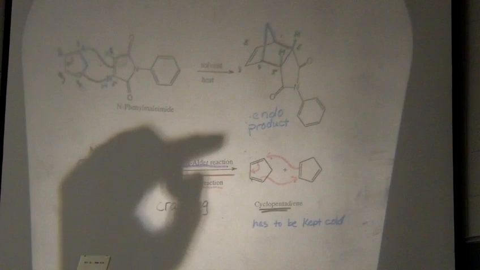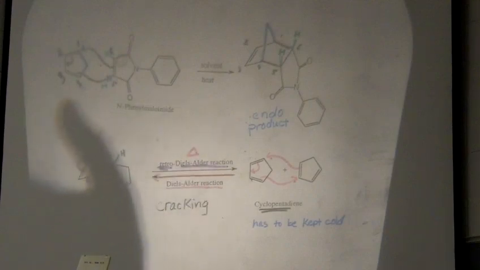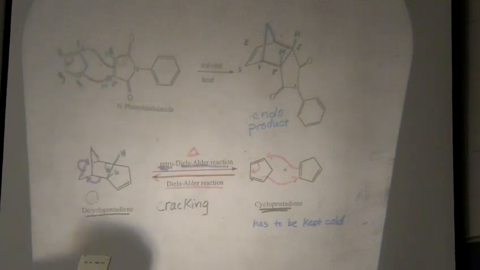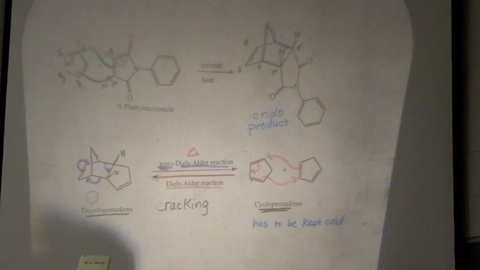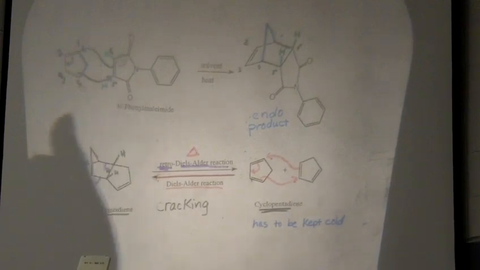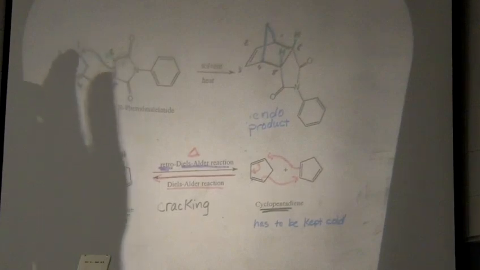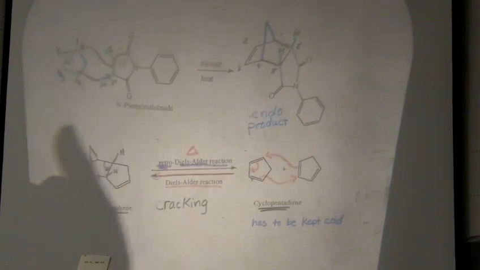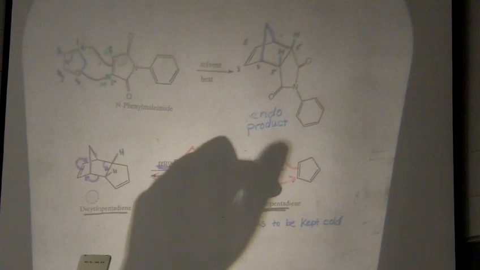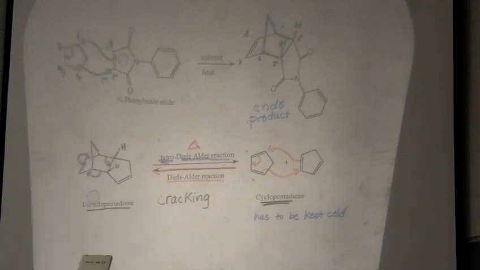Now, to get cyclopentadiene, you can't just buy cyclopentadiene. It doesn't exist as just cyclopentadiene. It actually likes to react with itself. So it, as a diene, also works well as a dienophile, okay? So it reacts really well by itself and becomes dicyclopentadiene, all right?